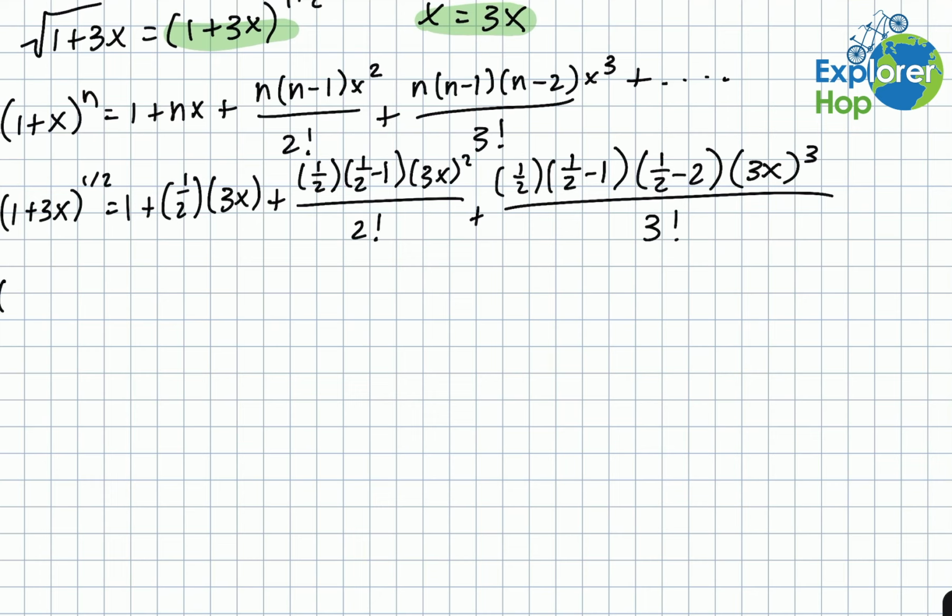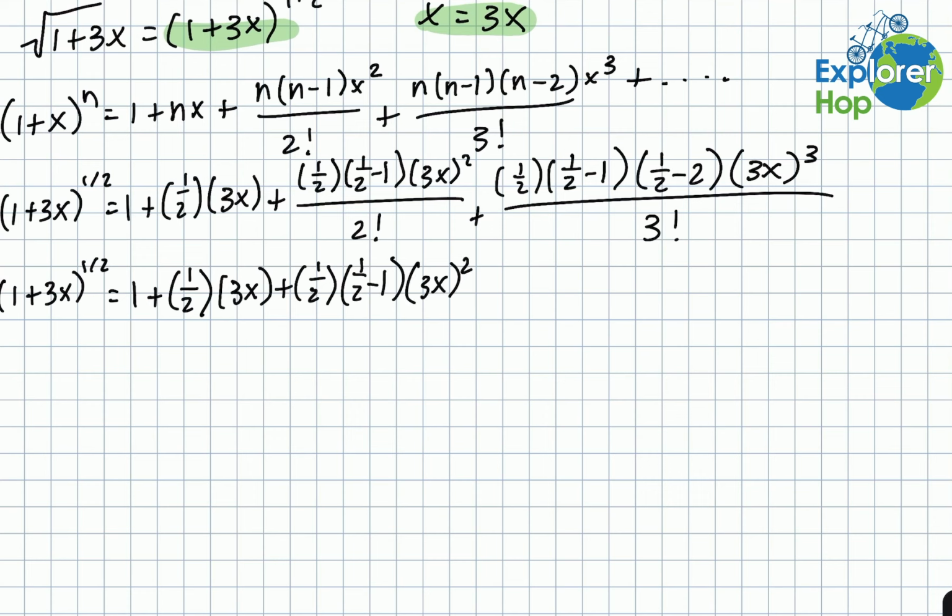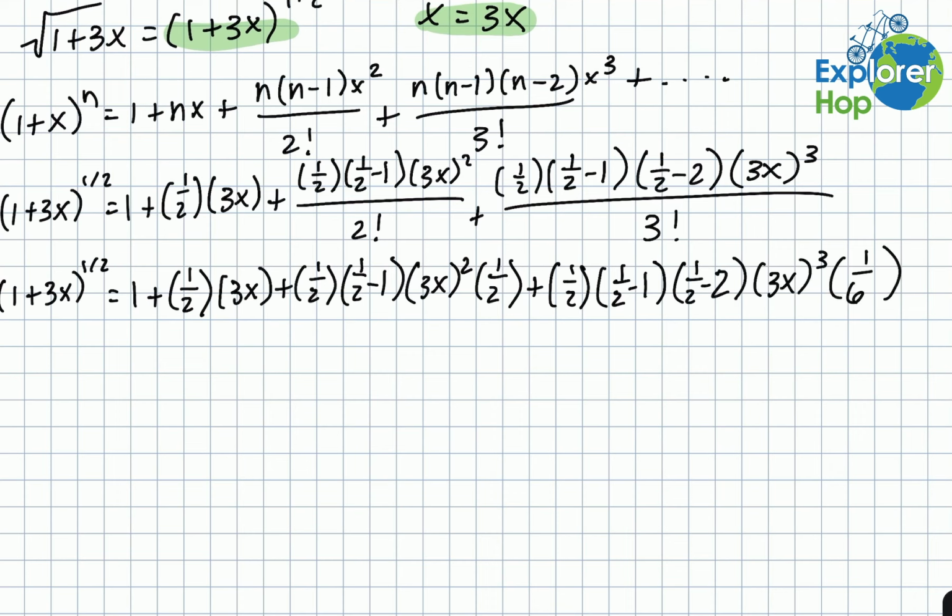So let's do that. (1 + 3x)^(1/2) is equivalent to 1 + (1/2)(3x) + (1/2)(1/2 − 1)(3x)² times 1/2, which is the reciprocal of 2 factorial, plus (1/2)(1/2 − 1)(1/2 − 2)(3x)³ times 1/6, which is the reciprocal of 3 factorial.